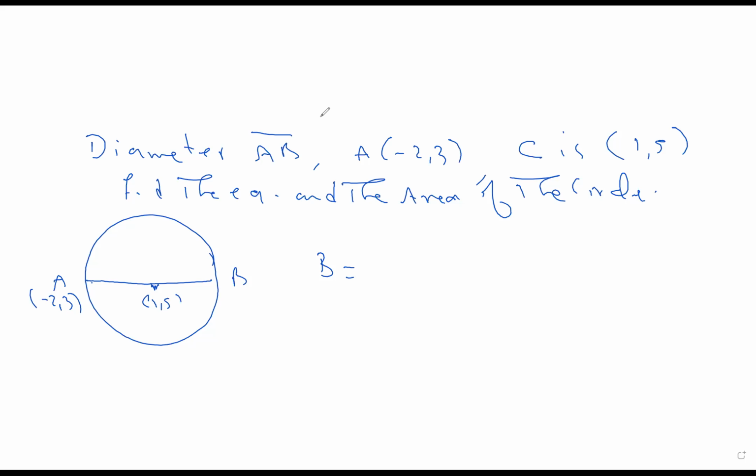Mister, can I say? It will be 5 minus 3 over 2 and 1 plus 2 over 2. Is it right? Isn't it supposed to find the distance between them first? No. Why? To find the distance. You can find B directly.